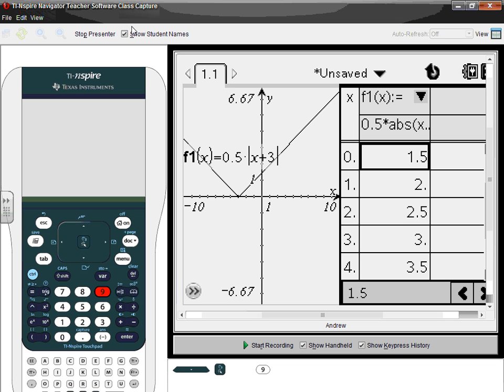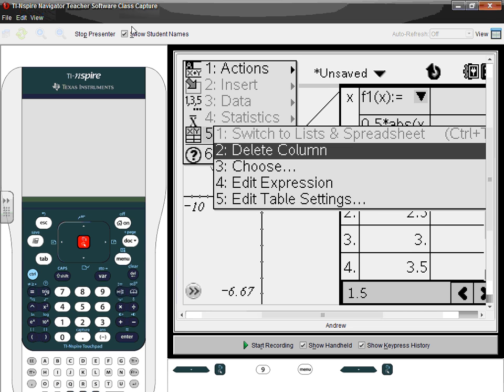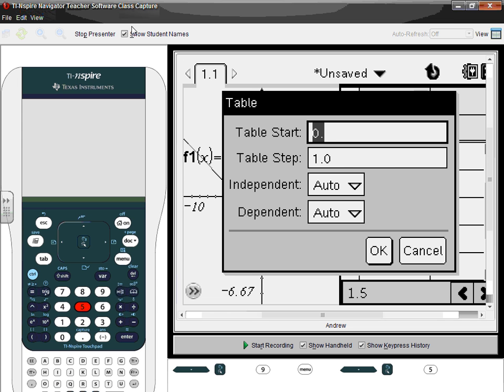No. So here's the way I'm going to show you to change your table properties. I want you to go to Menu, do Table, and edit table settings. Down, down, down. Now, at this point, what is our starting at? What values do I want to know? I want it to start at -5.